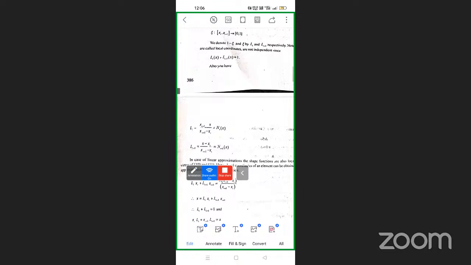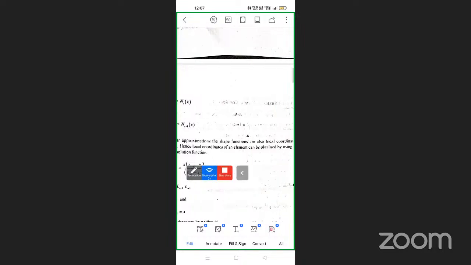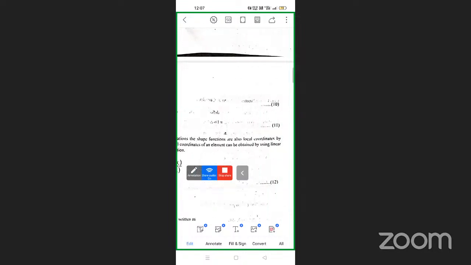Also you have L_i equals x_{i+1} minus x by x_{i+1} minus x_i, which is equal to N_i. So L_i is equal to N_i and L_{i+1} is equal to N_{i+1}. So these three are equal. These are equations 10 and 11.